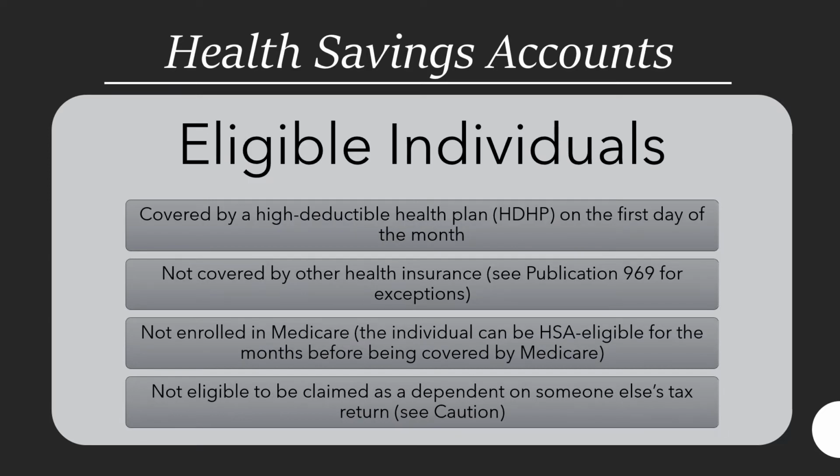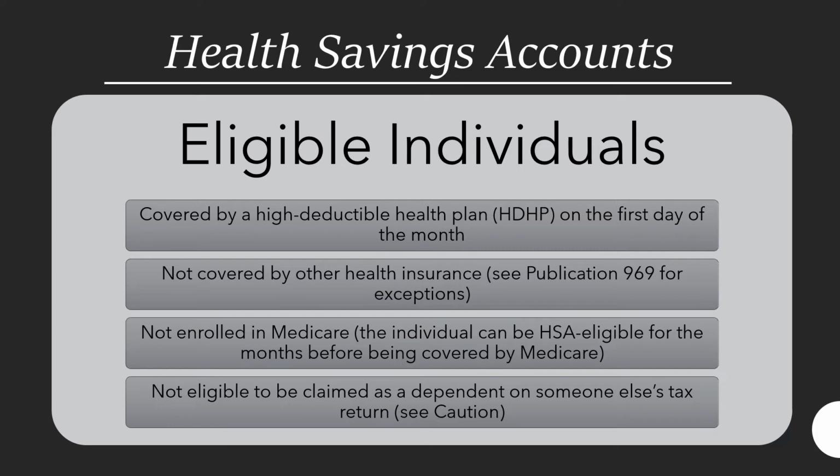To be eligible for a health savings account, our taxpayer will need to be covered by a high deductible health plan on the first day of any month that they are contributing to this account. Again, this is figured on a monthly basis, not a yearly basis. They can't be covered by any other health insurance.